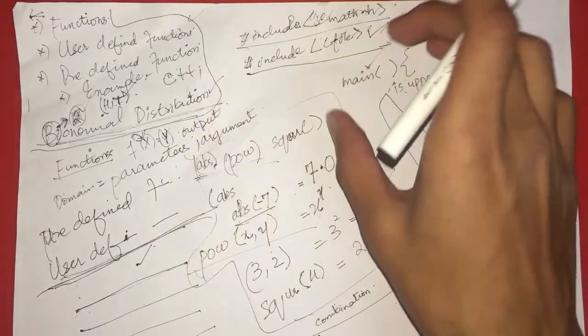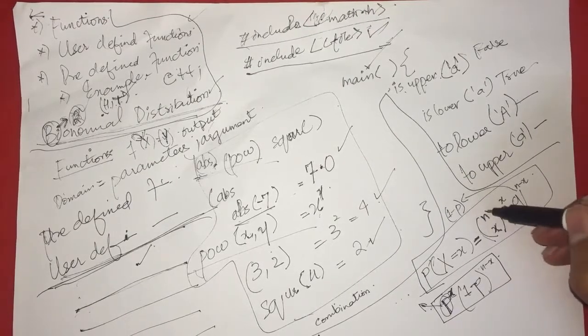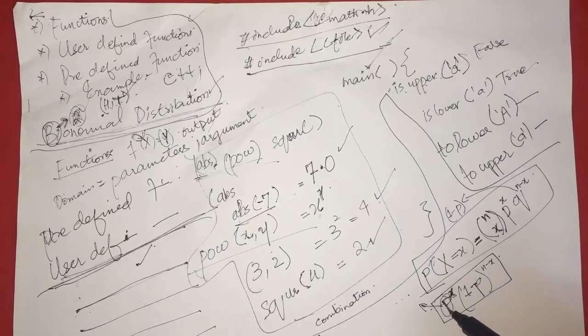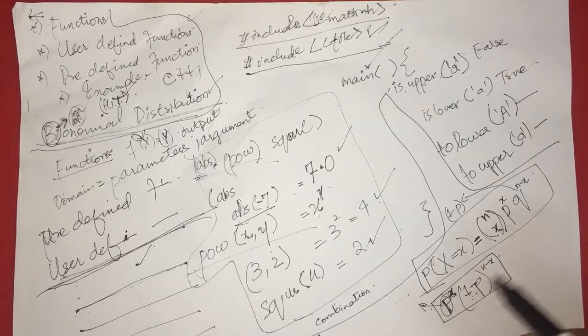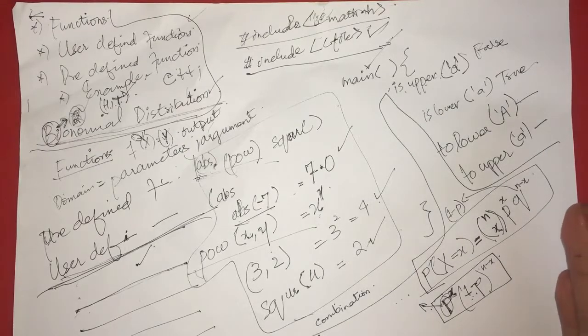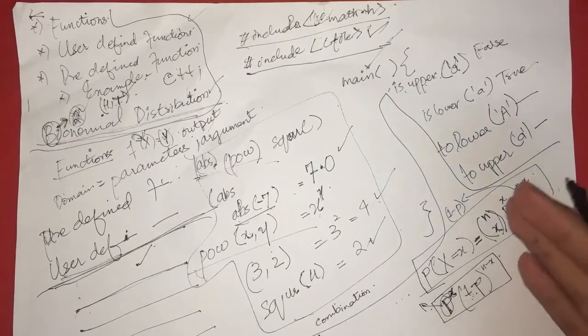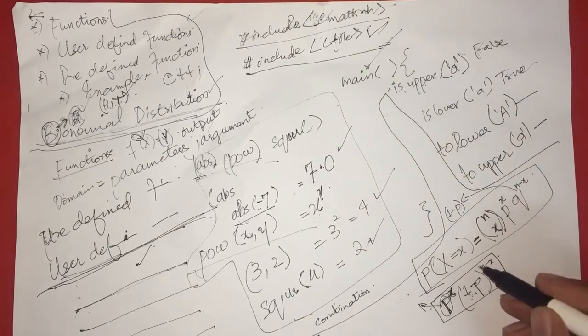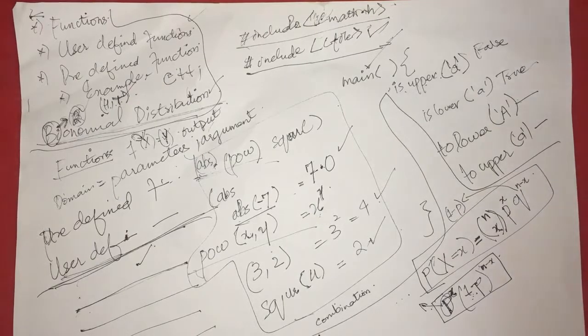So this is the combination, this is the probability of success, this is the number of successes. 1 minus p is subtracting the probability of success from 1, and 1 is the total probability, so you get the probability of failure. And n minus x, the total minus the number of successes, gives you the number of failures.